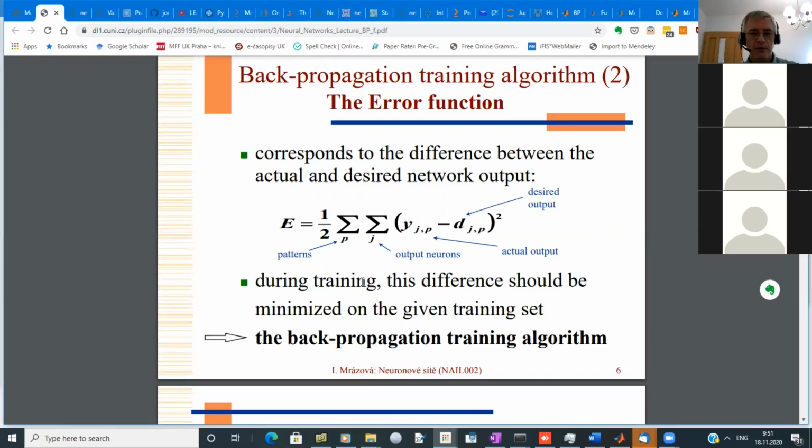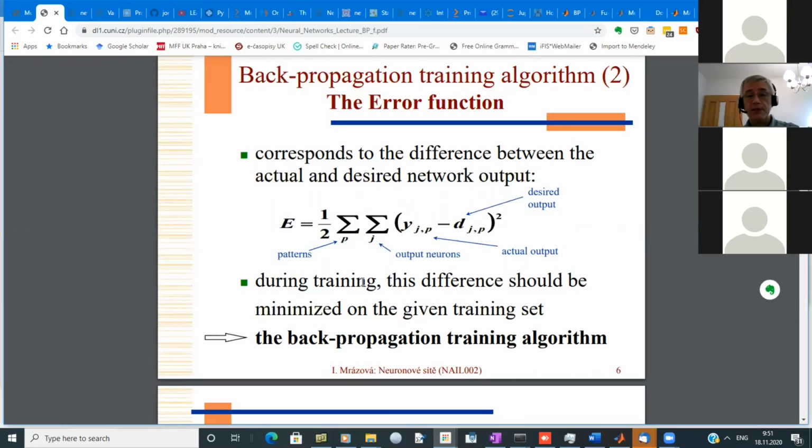So we would like to know the value for the error function. It's important to compute it because later we will use some functions from the Matlab toolbox to model such neural networks, and it will also compute the value for the error function.